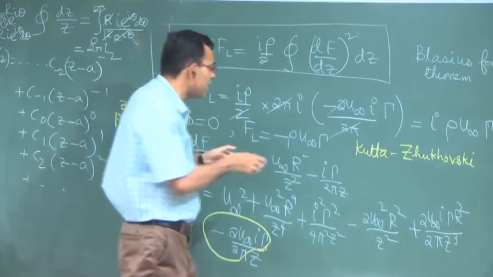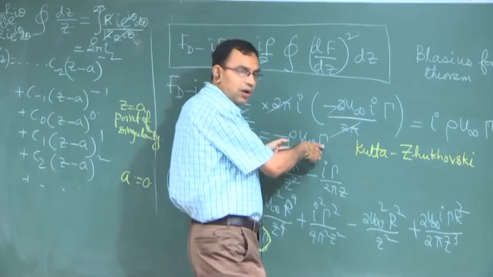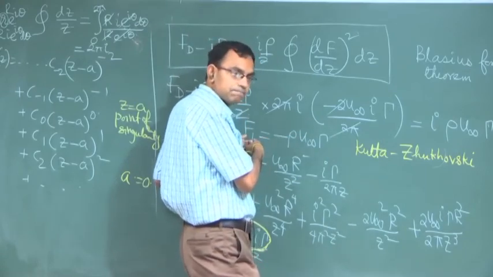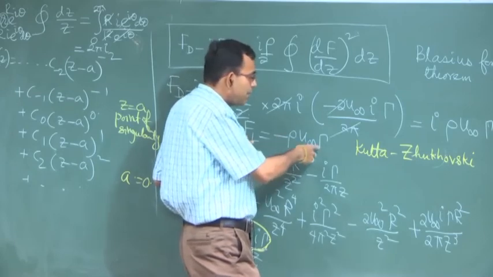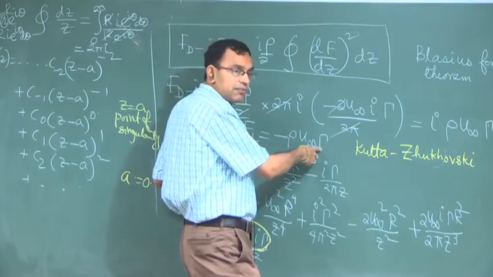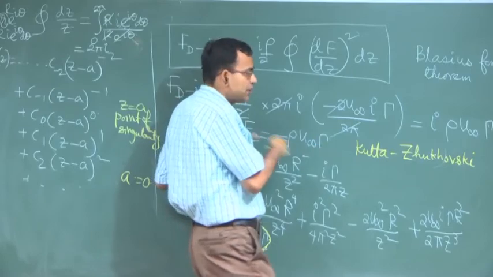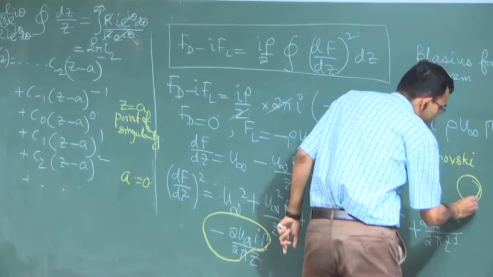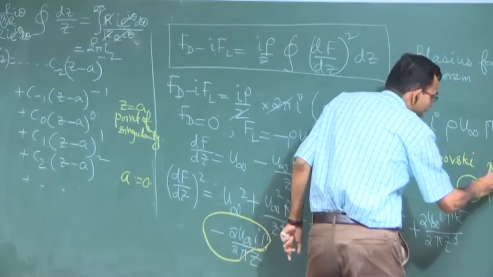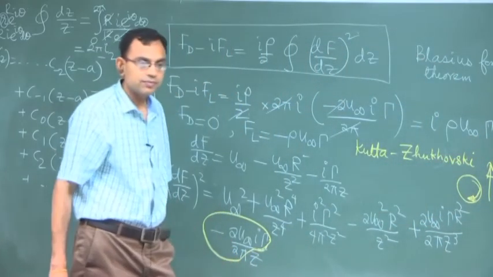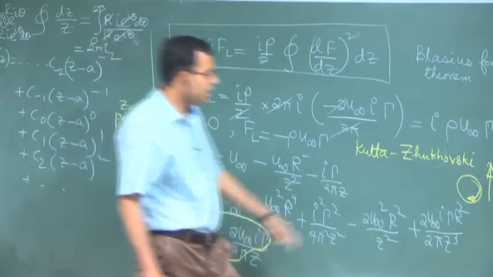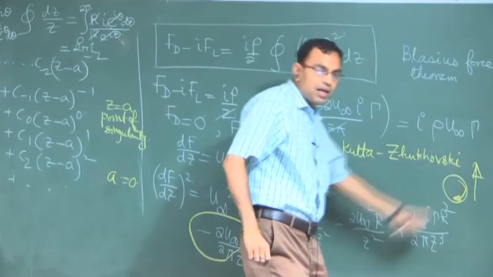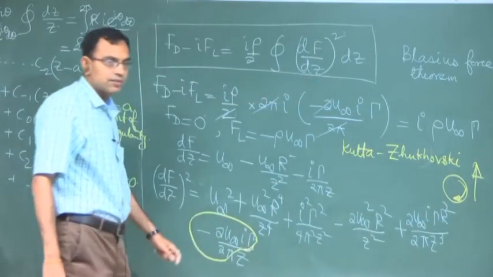You can clearly see that if gamma is anti-clockwise, then FL is negative. If gamma is negative, that is if it is clockwise rotation, then FL is positive. That means if an object is rotating in a clockwise fashion, it will experience a lift force upwards. If it is rotating in an anti-clockwise direction, it will experience a negative lift force, a force downwards.